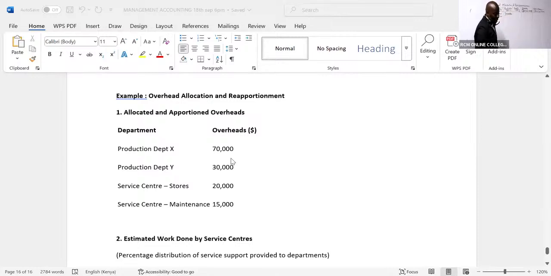Production department Y has been given 30,000. Stores has been given 20,000. And then we have maintenance, which has been given 15,000.